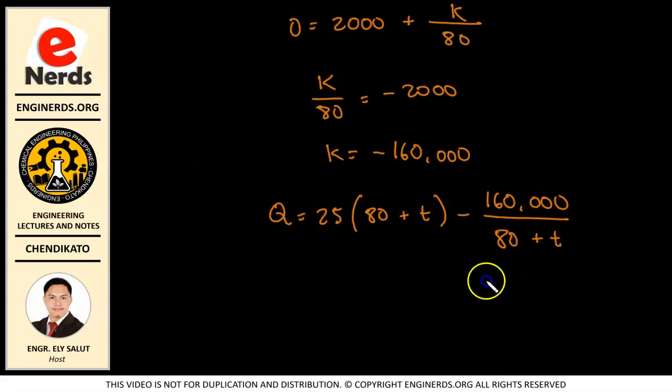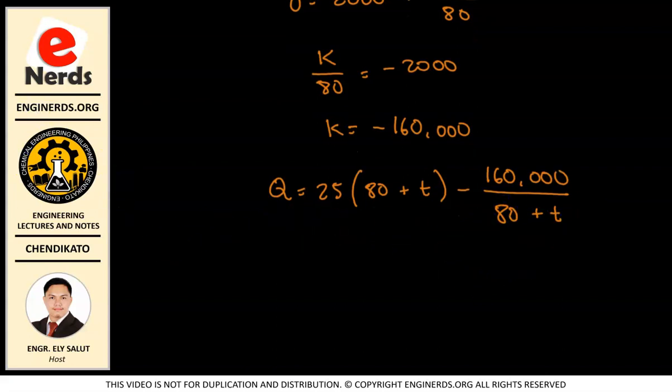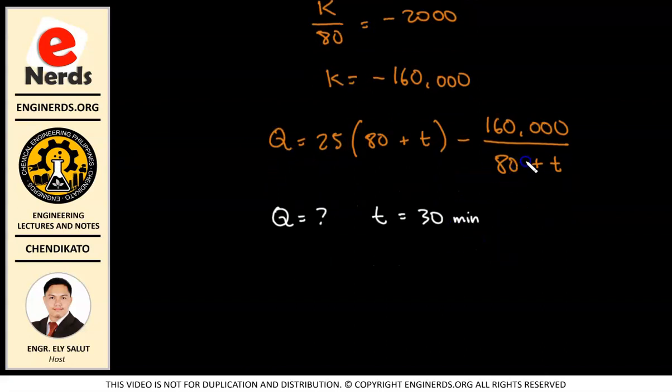Now, what we are asked to find is the amount of salt, which is Q. What is the value of Q at time equal to 30 minutes? What we're going to do is use this equation and substitute time 30.